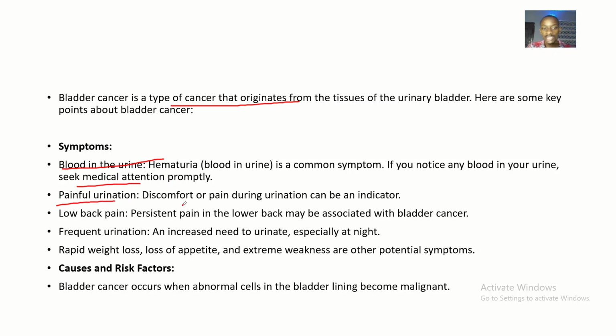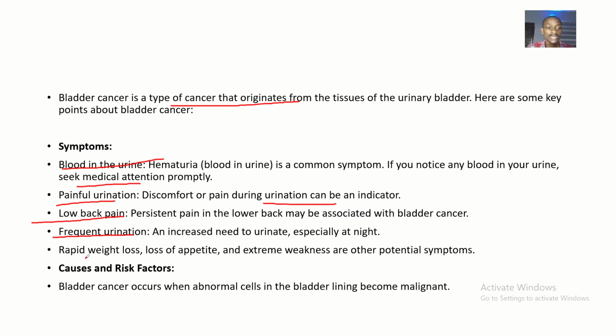Then painful urination: discomfort or pain during urination can be an indicator of bladder cancer. Then low back pain: persistent pain in the lower back may be associated with bladder cancer. Then frequent urination and an increased need to urinate, especially at night, which we call nocturia.